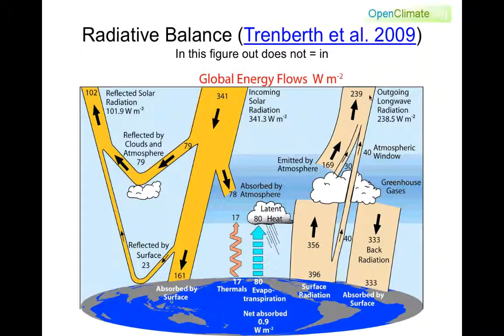So if you add those two together, and look at the more precise version here of 341.3 and 238.5, we see that there's now a net absorption of about 0.9 watts per meter squared.